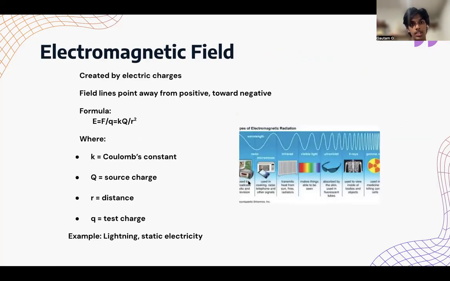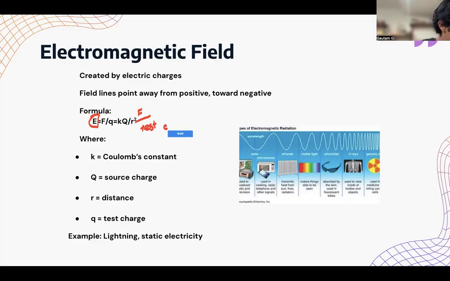We just covered this, right? This is the electromagnetic field, part of the electromagnetic force, and this is the electric field from the force created over the test charge, right?